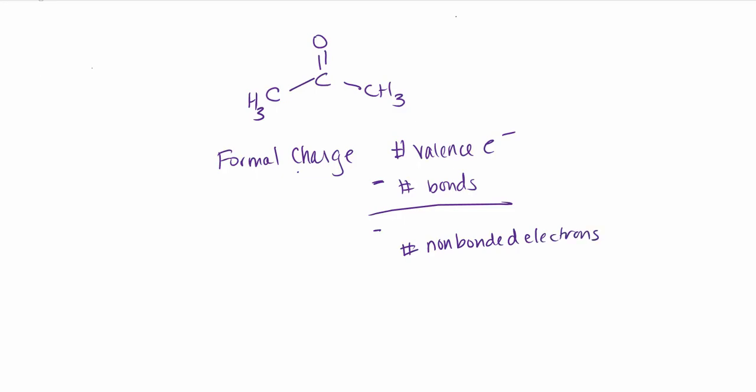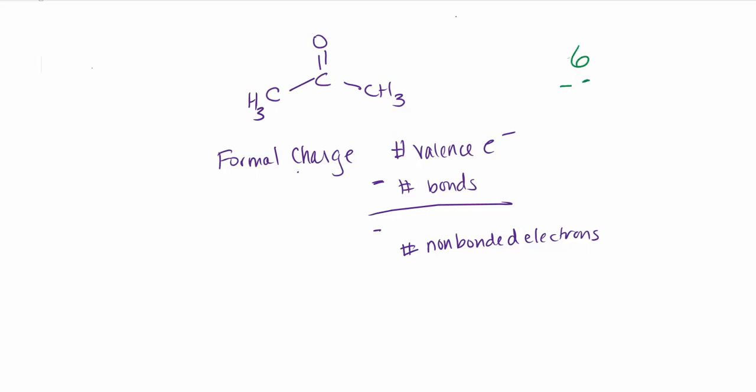So for carbon, that's easy. If I'm going to look at, say, this carbon here, carbon comes in with 4 valence electrons. There are 4 bonds showing, and there are no unbonded electrons with that carbon, so the formal charge on that carbon is 0.